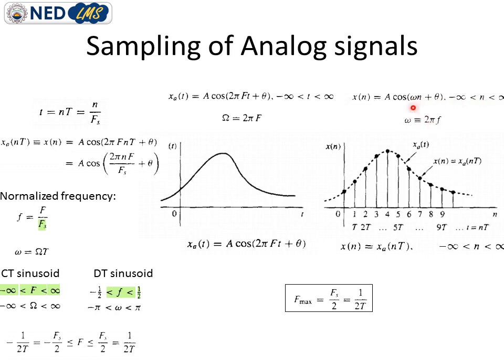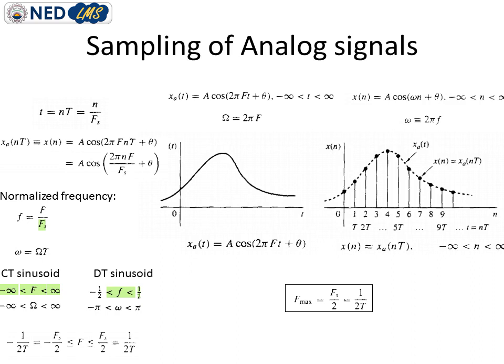So by using this expression omega is equal to 2 pi f, you can expand the above expression and it becomes x of n is equal to A cos(2 pi f n plus theta). Here you can notice that we have used different notation for the frequency as well as different notation for radian frequency.